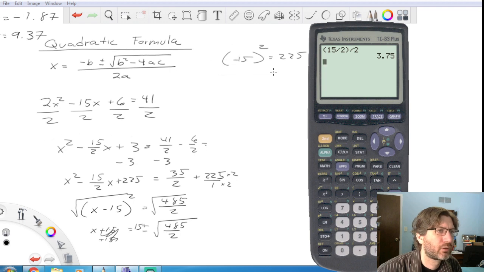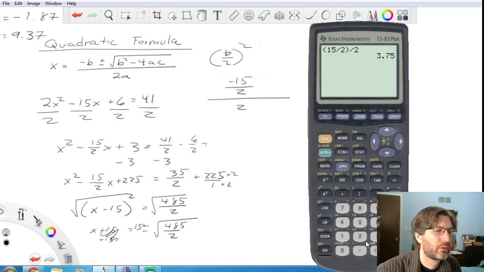I did that division wrong. Is that what I'm looking at? I'm doing b divided by 2 squared. Isn't it negative 15 divided by 2, all divided by 2? I should have done divided by 2 squared there, that's why. I multiplied, it stays on the denominator. And then I square that, and I get that ugly number.